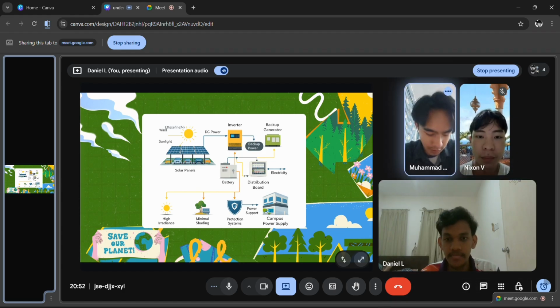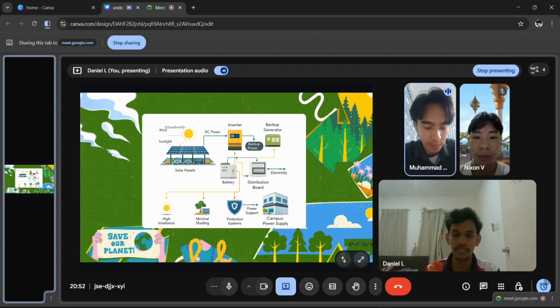Okay, this figure shows how a solar power system works. Sunlight is captured by solar panels and converted into DC power. This power goes to an inverter which changes it into AC electricity for use. Some energy is stored in a battery for later use.